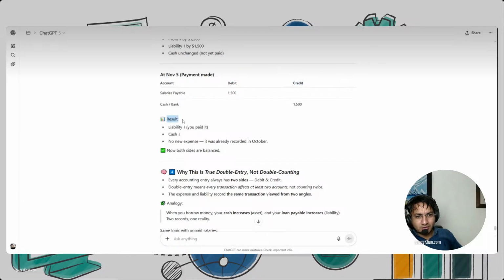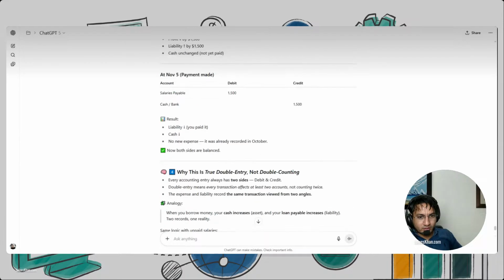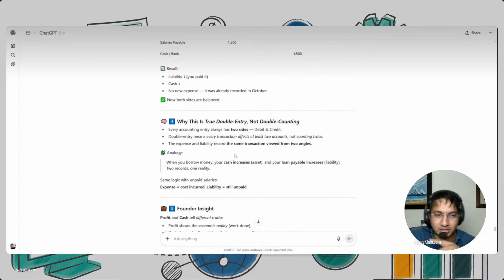However, the result is that when you paid, the liability goes down, and cash goes down because you pay from it. No new expense. It was already recorded in October, but the liability is now removed. So now both sides are balanced.